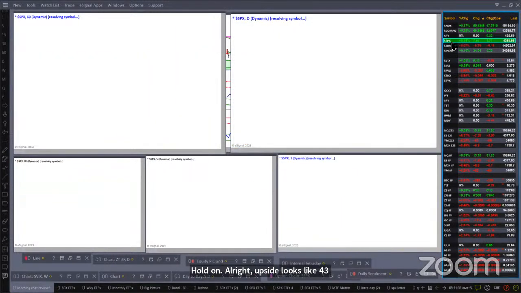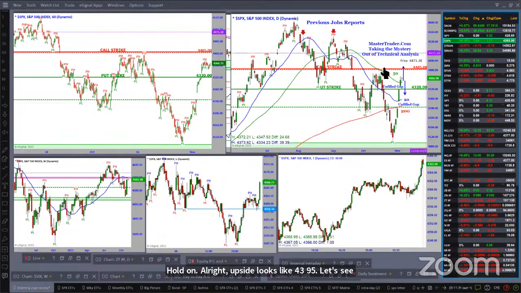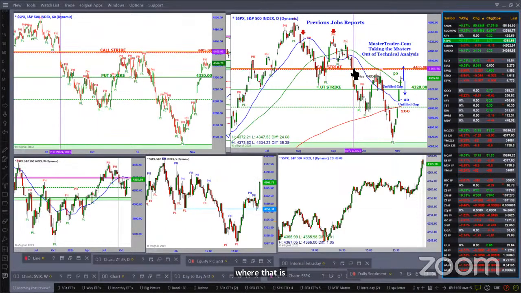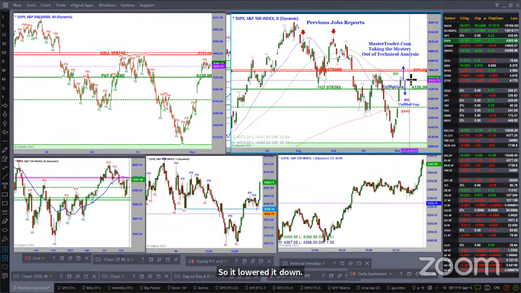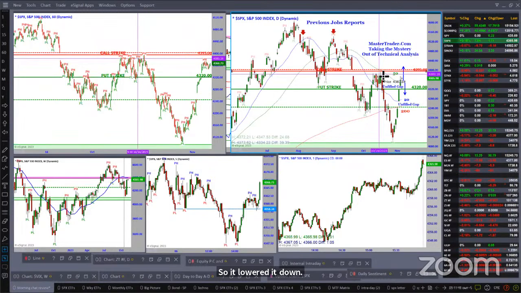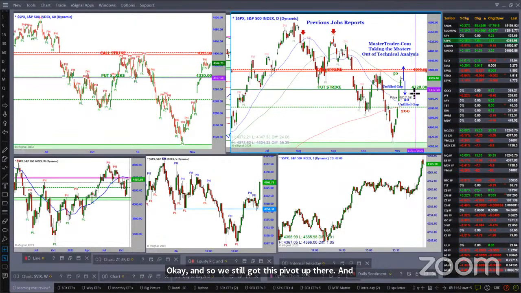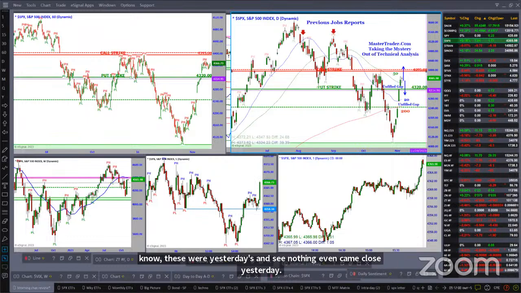Let's see where that is. So it lowered it down. Okay. And so we still got this pivot up there. And these were yesterday's, and you see nothing even came close yesterday. Not even close to touching.